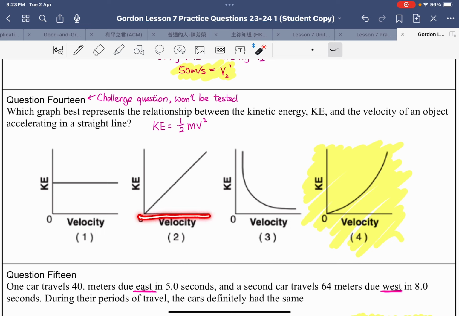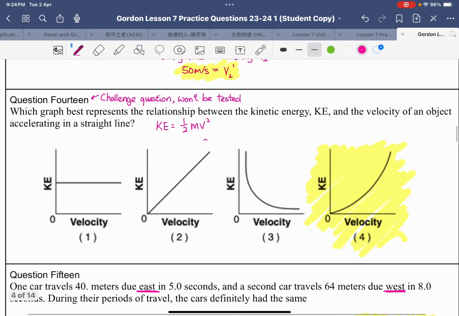This one, velocity is increasing. However, kinetic energy is also increasing, so it kind of does make sense. However, you notice that if you do the math, kinetic energy and velocity doesn't increase one by one. So let's say, for example, if my velocity is 2, my kinetic energy would be 2. Let me see. 4. Yep. Assuming that mass is just 1. All right. We're using 1 as a constant for mass.